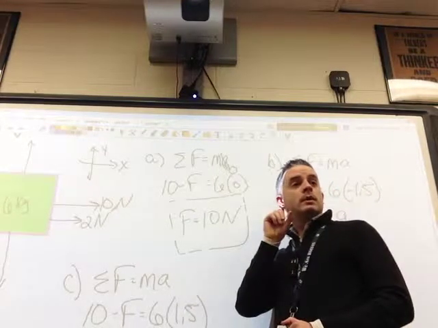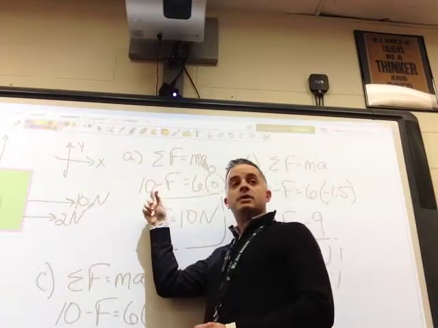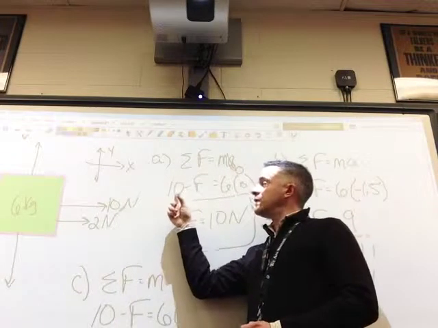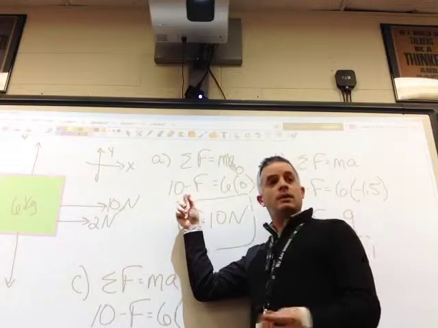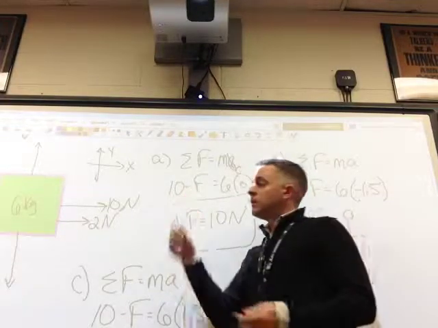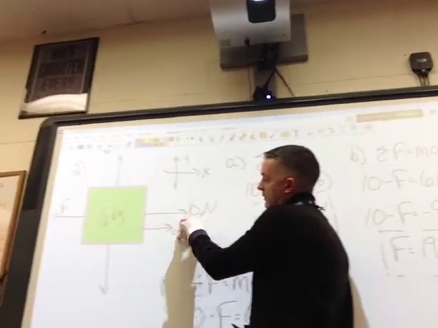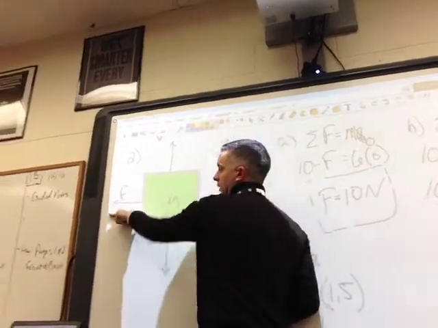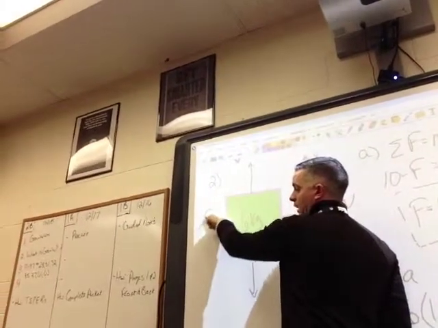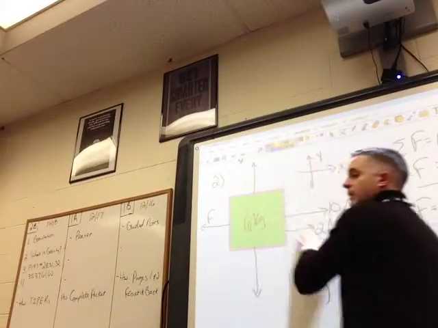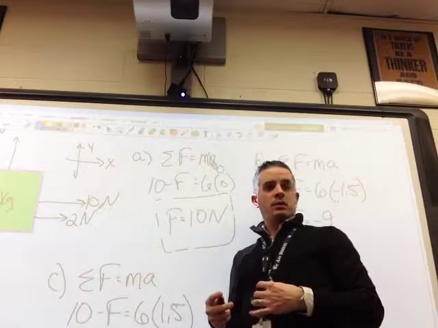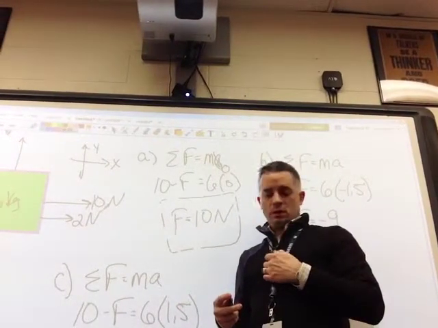We've already got the 10, so we would just add the 2, because anything going in the same direction we add. And if we had a 3 going this way, we would have F minus 3, and we just sum it all up. Does that make sense? Pretty simple, not too bad? Good? Any questions? All right.